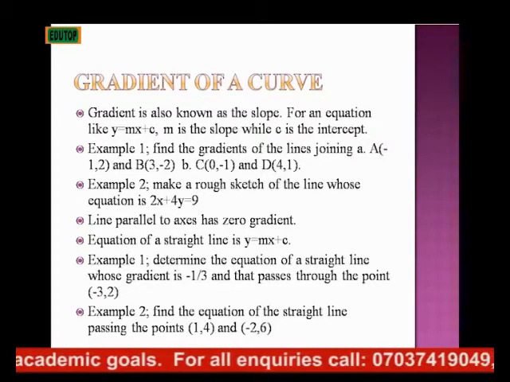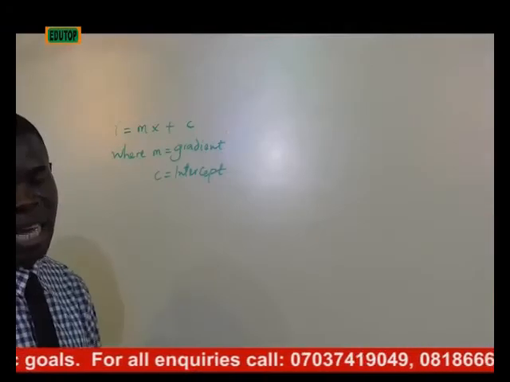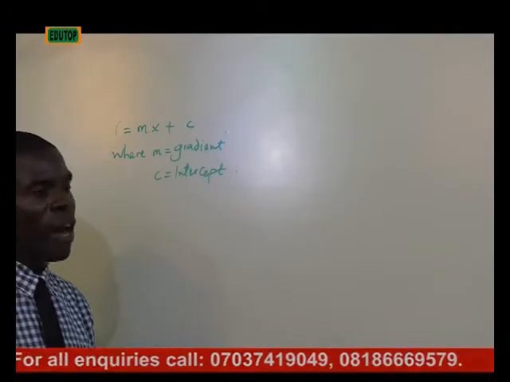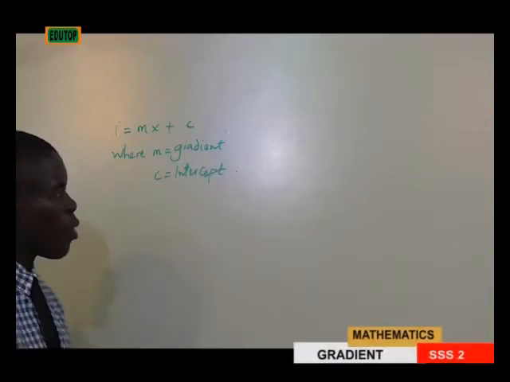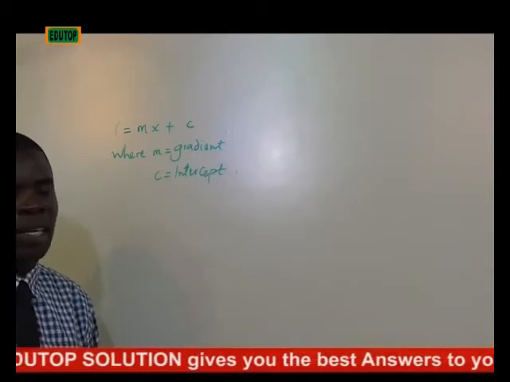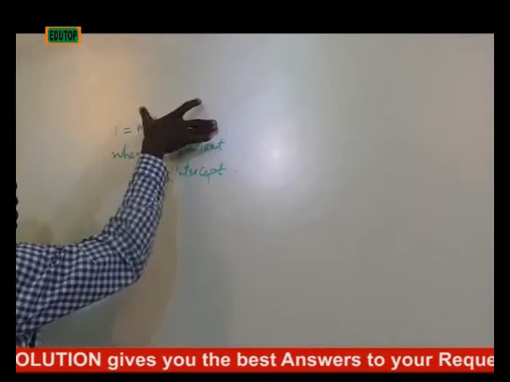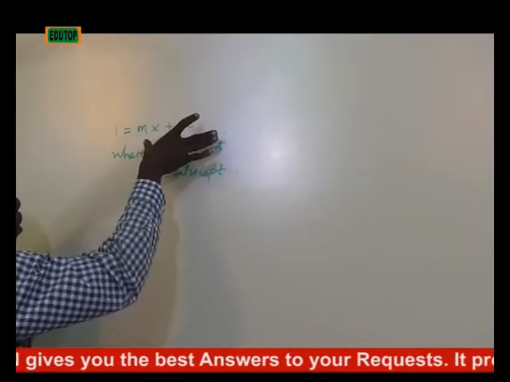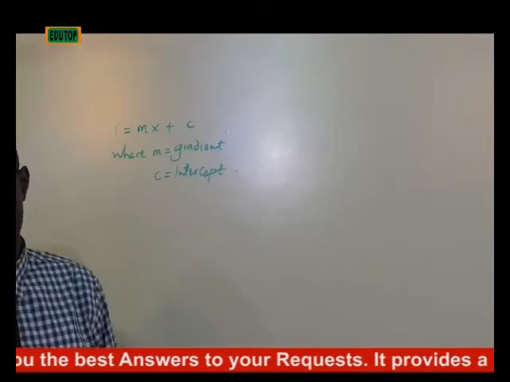We have two intercepts. We have the y-intercept. That is the region where the value of your x is 0. And we also have the x-intercept. That is where the value of your y is 0. So this is the equation of a straight line.